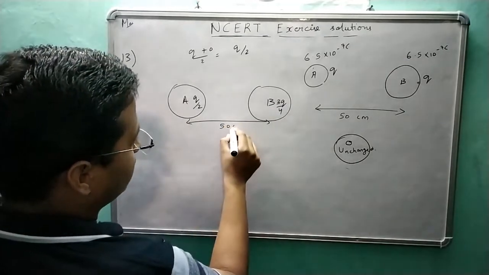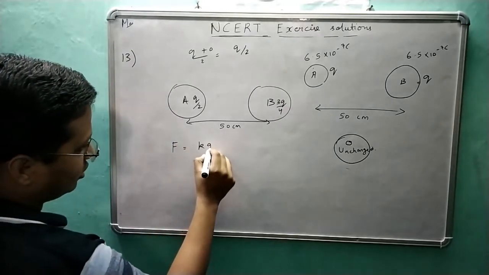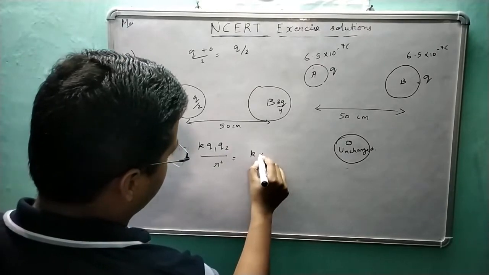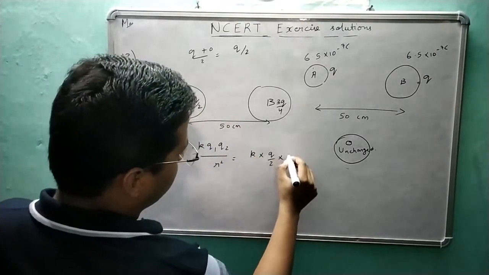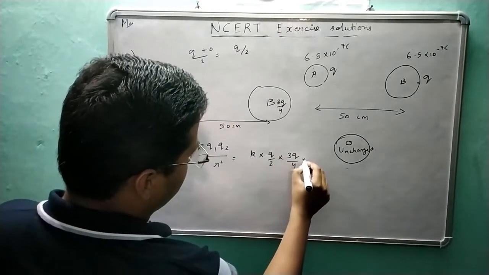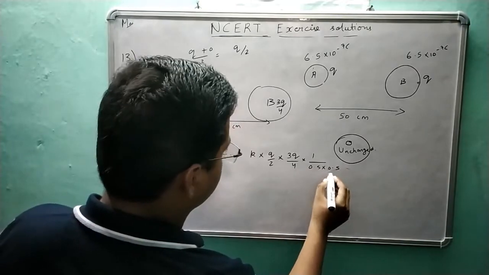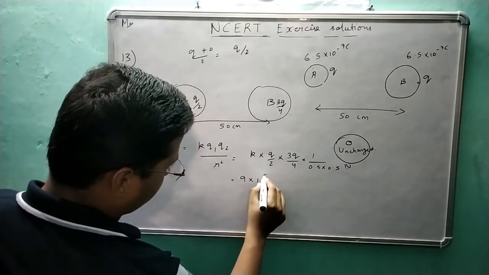So distance is 50 centimeter as it was given earlier. Now force is K Q1 Q2 by R square. So K into Q1 is Q by 2, Q2 is 3Q by 4, divided by R square. So 0.5 into 0.5 newtons. So this is 9 into 10 to the power 9.